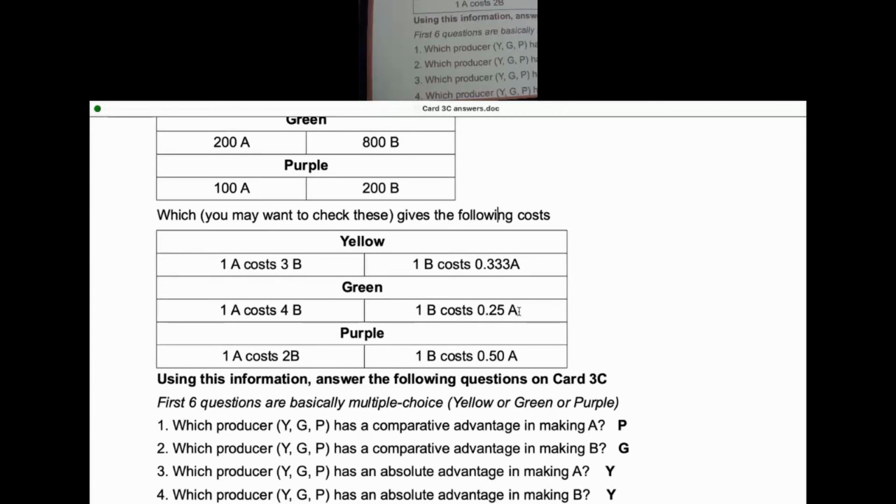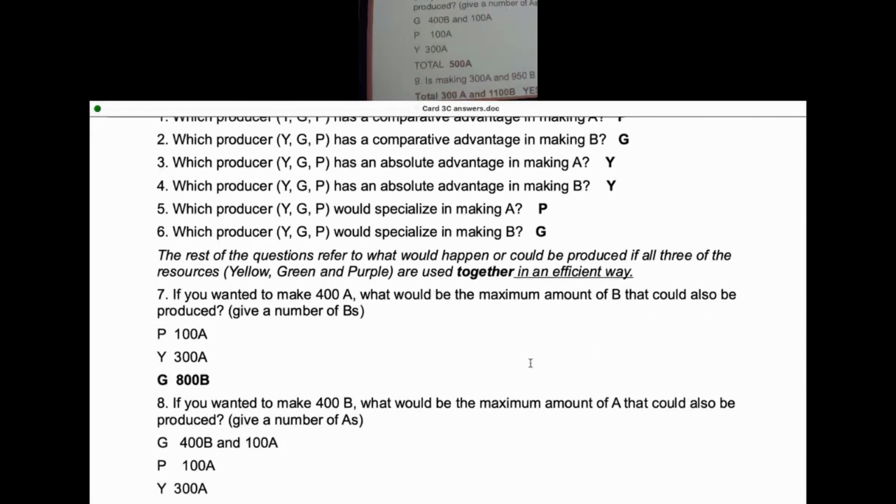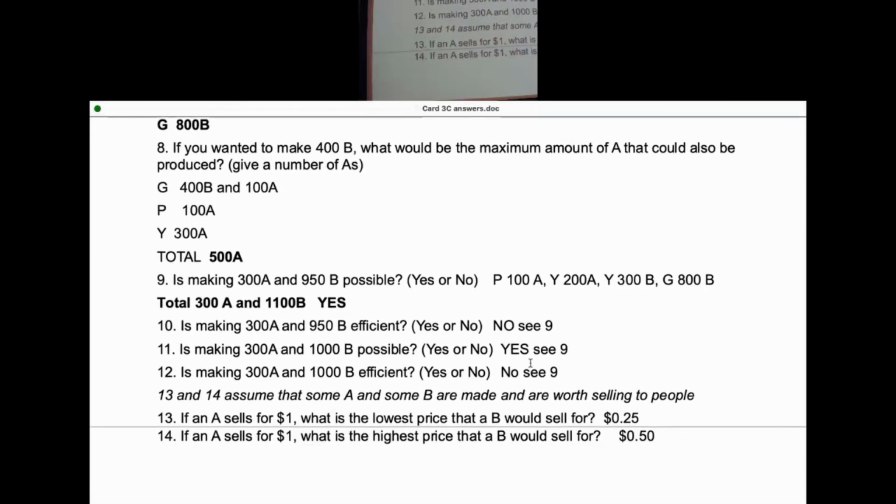For every time you see an A in this table, on the right side about the cost, just substitute $1. So one B costs 25 cents in green, 33 cents in yellow, and 50 cents in purple. Of all those, which is the lowest price? 25 cents. Which is the highest price? 50 cents. That's where you get the answers to these last two questions.